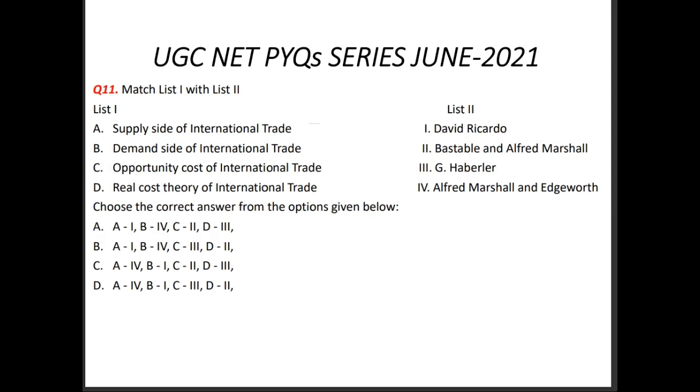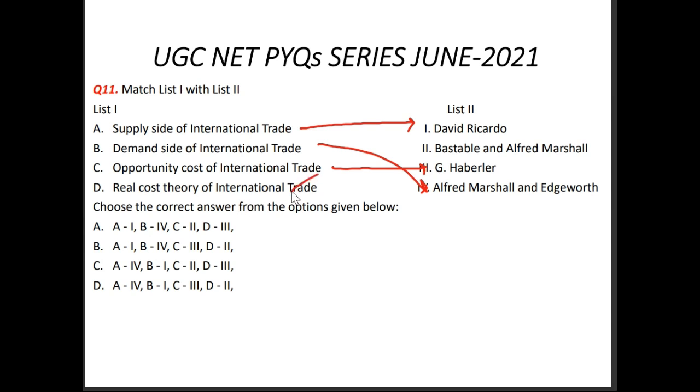Next question. Match list 1 with list 2. Supply side of international trade, demand side, opportunity cost and real cost theory of international trade. Supply side तो डेविड रिकार्डो है without any confusion. Demand side is basically Alfred Marshall and Edgeworth. Opportunity cost of international trade is Haberler.